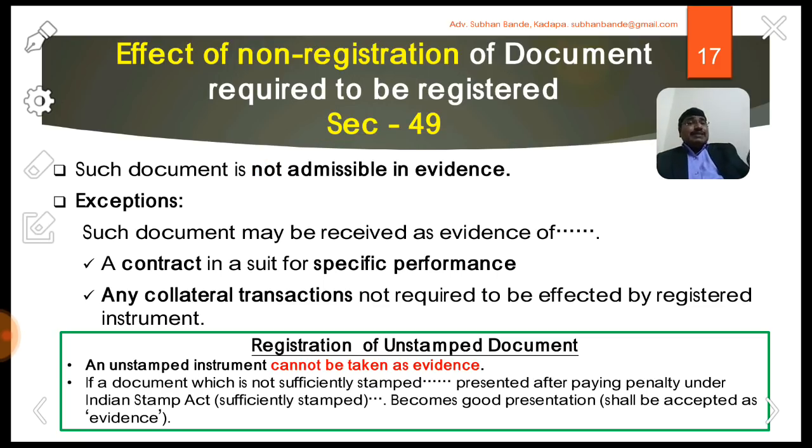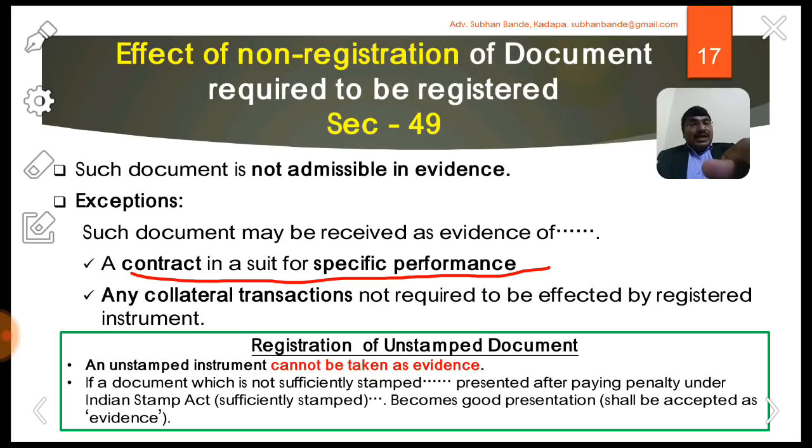But there are certain exceptions to this rule. Such a document may be received as evidence of a contract in a suit for specific performance. If a document is related to a contract in the suit of specific performance, then irrespective of its registration, such document is recognized as evidence in the court.